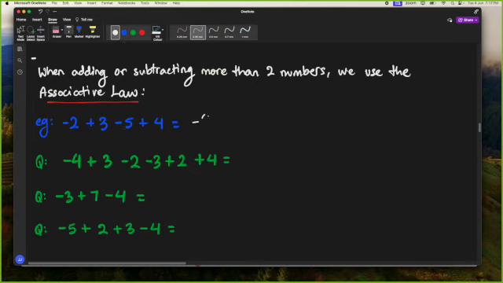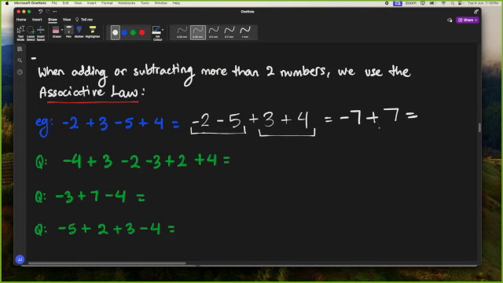These two numbers, the sign is the same, so I could add them. 5 and 2 is 7, and I keep the sign. These two, the signs are the same, so I add them. 4 and 3 is 7, and I keep the sign.